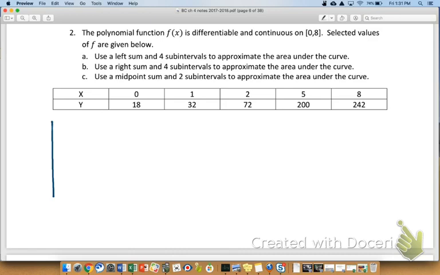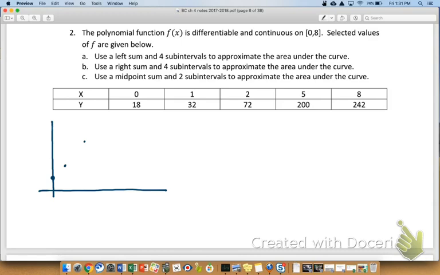So if I was going to do a left sum and use 4 subintervals, I might want to try to graph this real roughly and just see what it looks like and use that as a guide. I know that I've got the point (0, 18) and the point (1, 32), the point (2, 72). So that'd be up there somewhere.